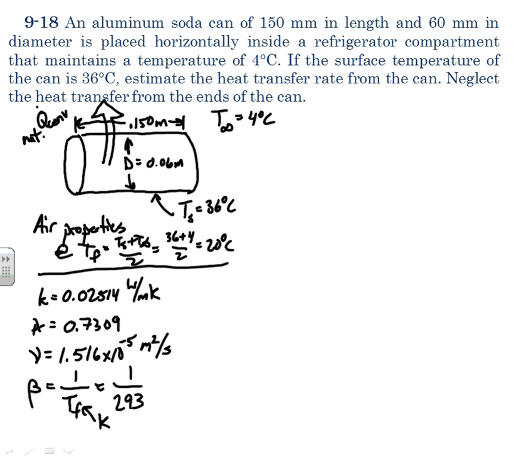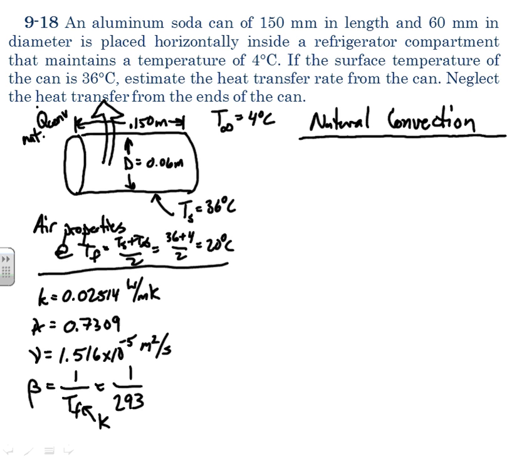All right, so natural convection. In forced convection, we had to look at a parameter that was known as the Reynolds number. That was the ratio of the inertial to viscous forces.